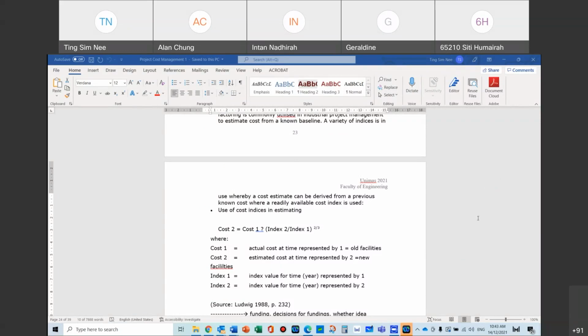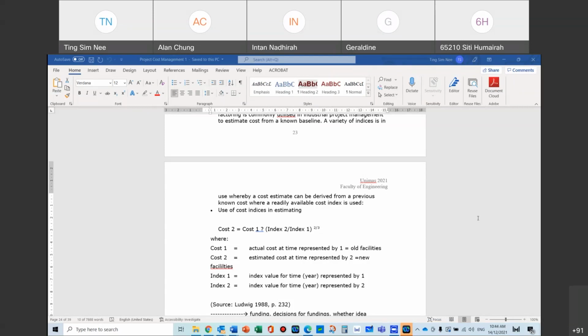The index can be things like how many cubic meters of concrete the factory can produce per day. It's just some unit, and that unit is only one unit.